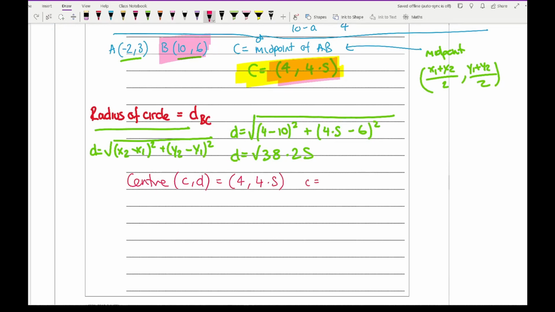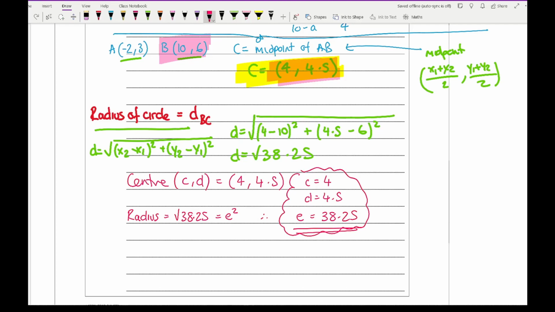So therefore C equals 4 and D equals 4.5, and that the radius equals the square root of 38.25, which equals E squared. So therefore E equals 38.25, and there is my final answer.